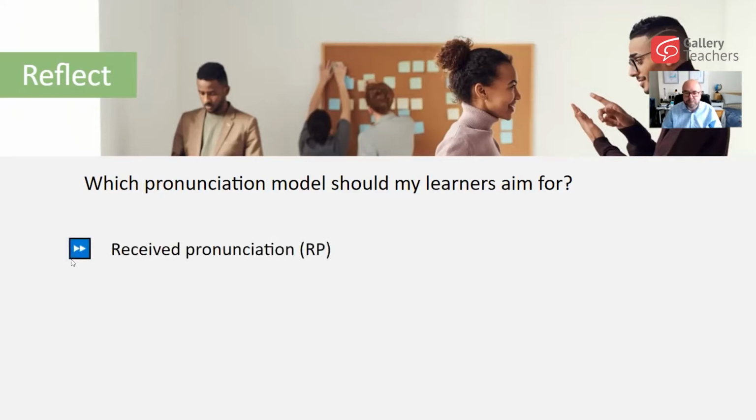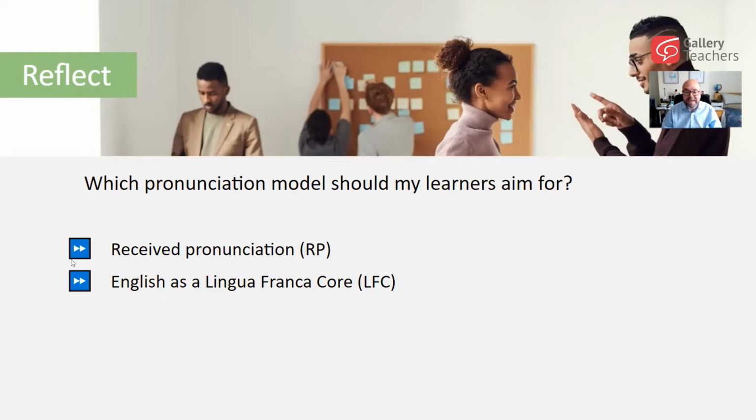So the first one is that classical BBC English, not dissimilar, I guess, to the way that I speak, also known as RP, received pronunciation. Quite different from this is the Lingua Franca core. And this is the kind of English that international speakers of English automatically use with one another.